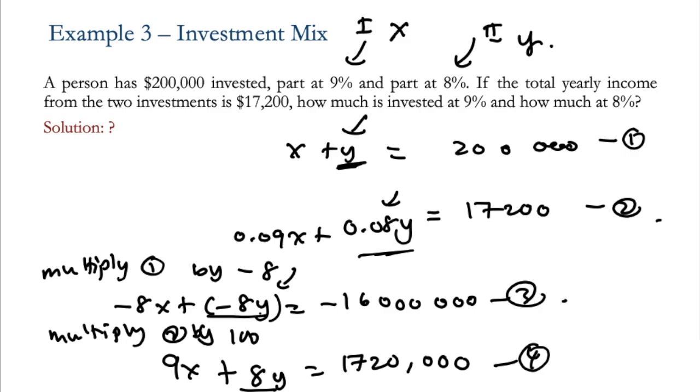Because minus 8y plus 8y becomes 0, isn't it? And what about minus 1.6 million plus 1,720,000 here? Then it becomes 120,000.